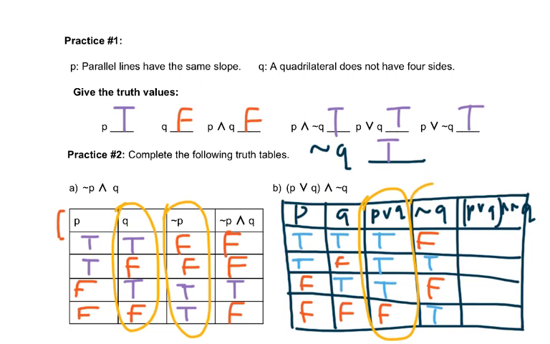And we have our not Q set up here in our nice column. So now we just have to look at those two columns, and we need both of them to be true since we have an and in the middle there. Alright, so this first one's going to be false. The second one, we have both of them true, so that makes that true. We have one false in the next one and one false in the last one. So that's what your truth table should look like.